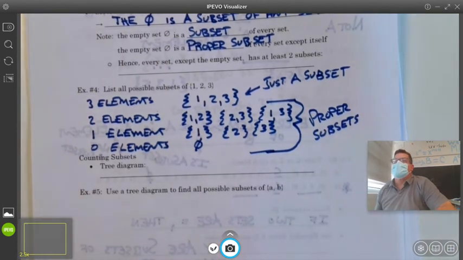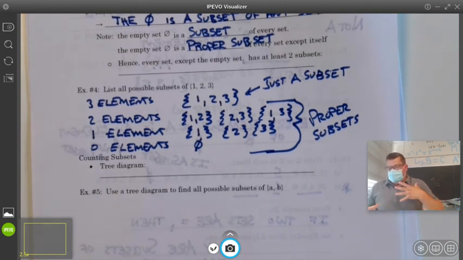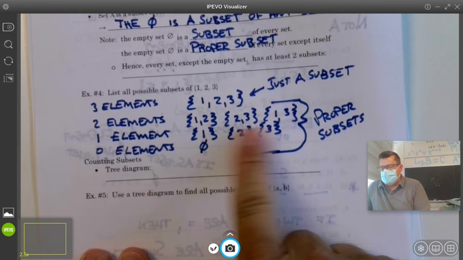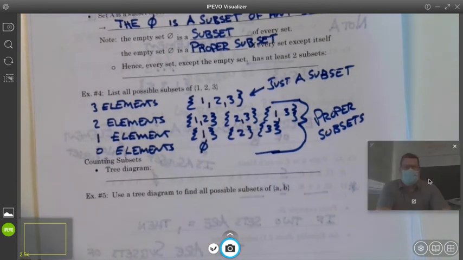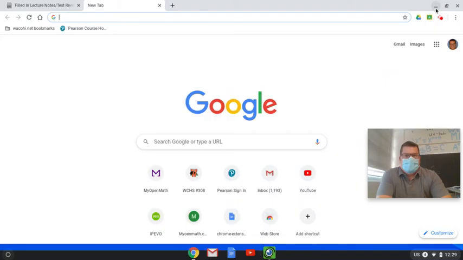There are some properties of subsets later on down the road where we don't want to include itself as a subset, so we refer to those as proper subsets. We just want to study these. Anybody have any questions about that? We'll pick up where we left off right there. Tomorrow, we'll talk about some more subsets.